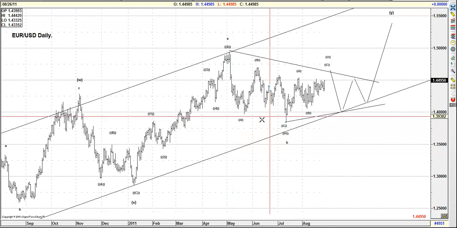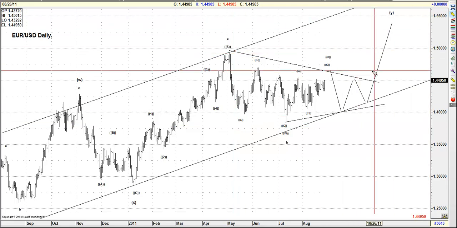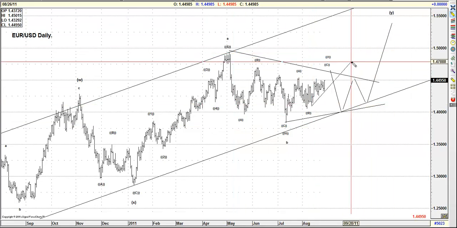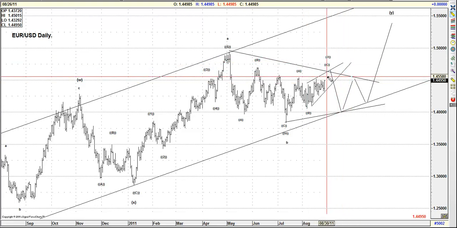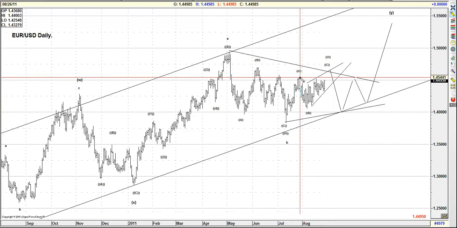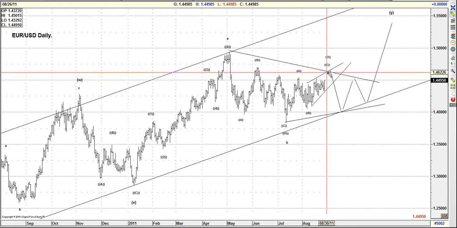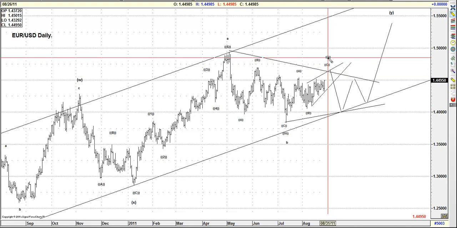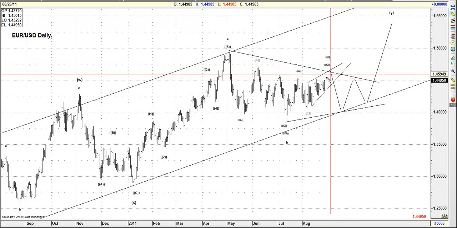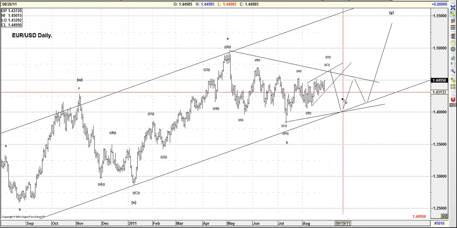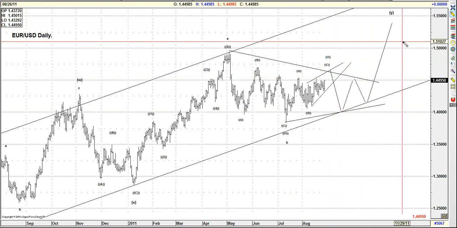Now, that 3-way cycle has a clear diagonal there that I believe is gonna break 145.35, but that diagonal, that high right there, can be seen as C of S, or can be seen as A, B, and a proposed bullish triangle.